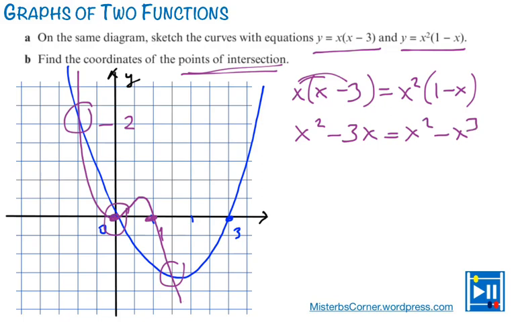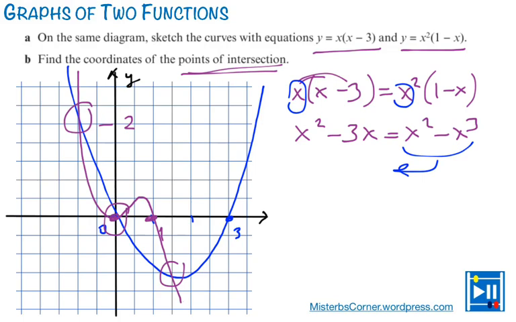Now remember, it is very tempting to cancel out those x's, right? Don't do that. Any cancellation of that sort will result in losing one or two of the solutions, right? So do not cancel out anything, instead just collect everything on one side, equating it to 0. So that's what we're going to do. I'm going to take all these to the other side.